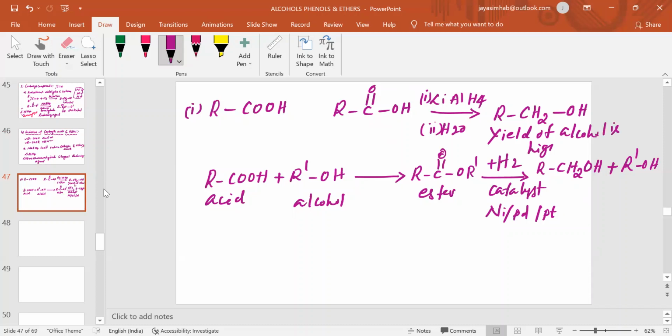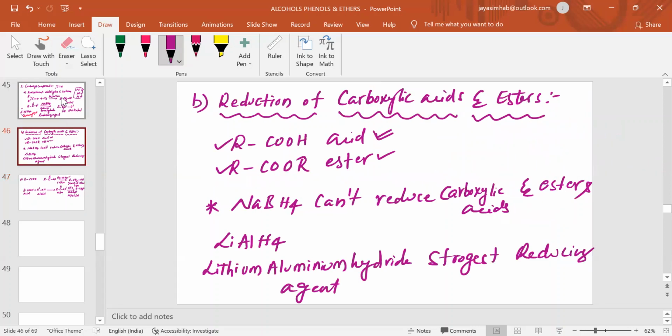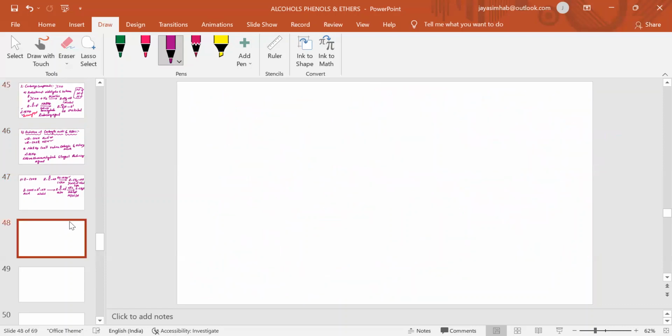In the case of lithium aluminum hydride, it is used for the production of alcohols from carboxylic acids. So this is how we can produce alcohols by the reduction of carboxylic acids and esters, and from aldehydes and ketones. Okay. So next we will move to another topic.